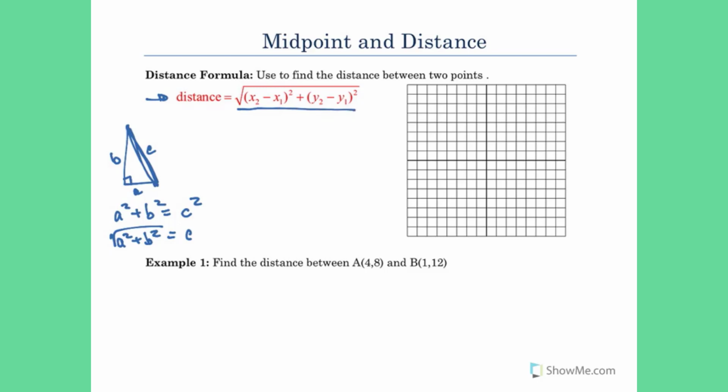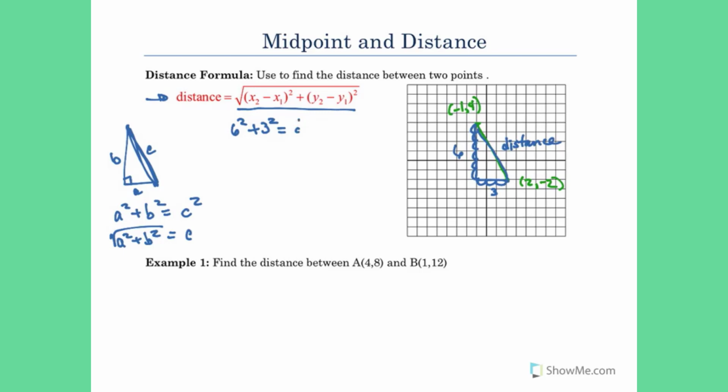How'd that come about? Well, let's say I had 2 points. How about this point, negative 1, 4, and this point, 2, negative 2. And I want to find the distance between those 2 points. Well, you can create a right triangle and use the Pythagorean theorem. So if I count 1, 2, 3, 4, 5, 6 units, 1, 2, 3, then I know that 6 squared plus 3 squared is going to be my distance.